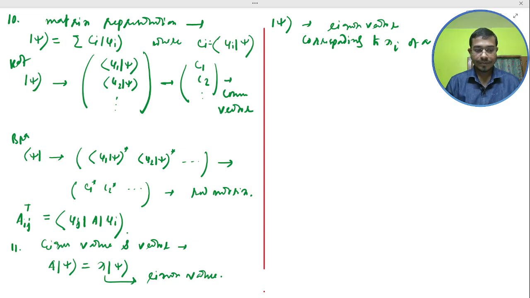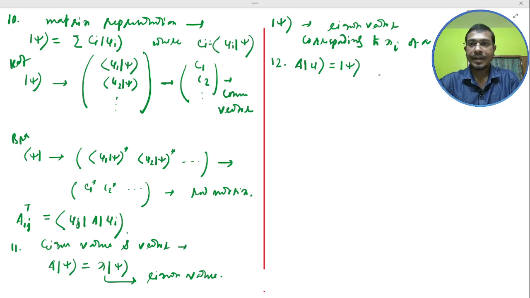So now the correspondence between the ket and bra. Suppose this is number 12. A acting on phi is equal to, suppose, psi. Then the dagger means the conjugate.